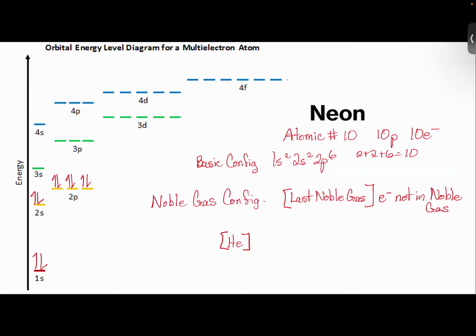Now I just need to list what helium does not have. Helium does not have the 2s2 or the 2p6. So the noble gas configuration for neon is helium, 2s2, 2p6.